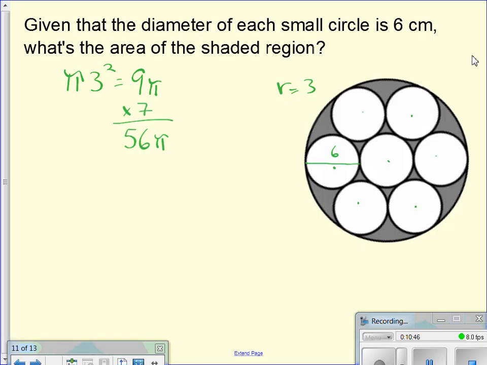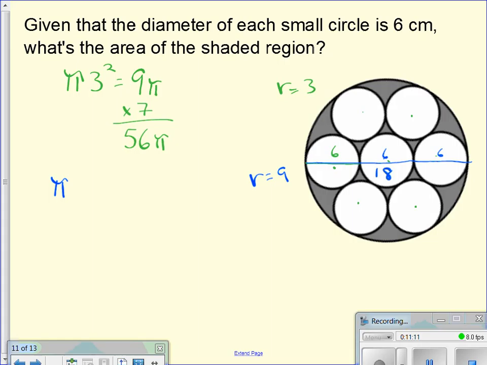56 pi is that unshaded area. Let's find the shaded area. If this is 6, and this is 6, and this is 6, then the whole line would be 18, and that's the diameter of my big circle. So let's go find the area of my big circle. The diameter is 18, my radius is going to be 9.